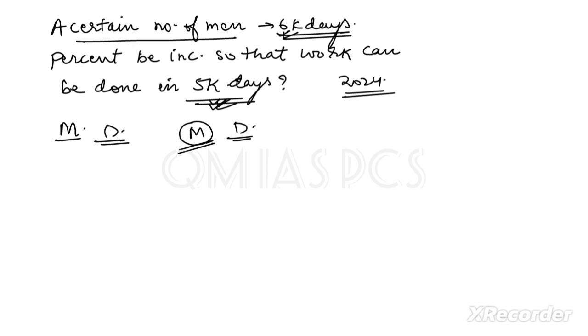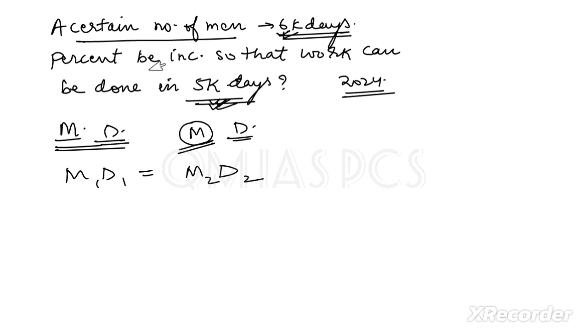Is it clear? Okay, one thing you have to understand, as we just discussed, if man and day are given and we multiply them, we get the amount of work. So whenever there is m and d, m1 d1 is equal to m2 d2, right?